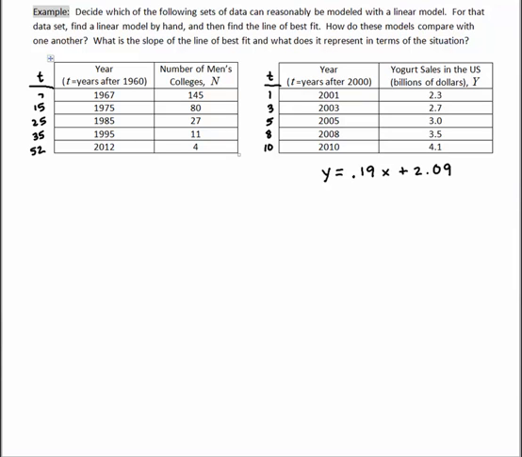I can rewrite this using the variables in the problem by simply using a capital Y for the output variable, yogurt sales, and a T for the input variable, time.